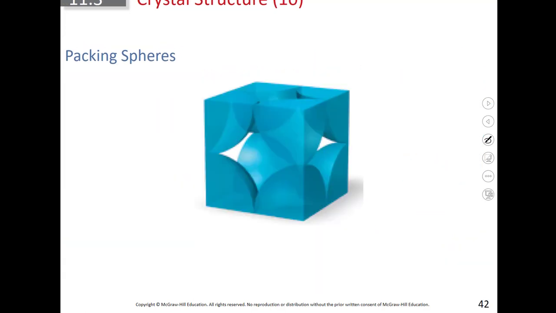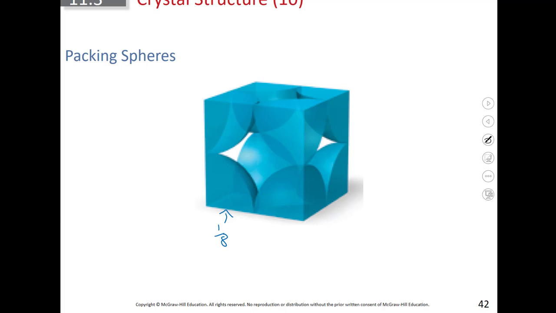Take a simple cube and we're going to cut it to what is within the actual constraints of that cube. So in the simple cubic, we have those 8 lattice points. Each one of these atoms, what fraction of it is inside of the cube for the corners? 1/8. So each one of these has 1/8 of its mass.